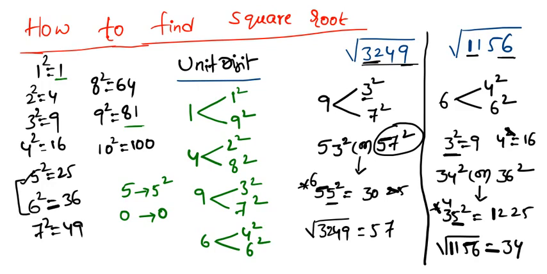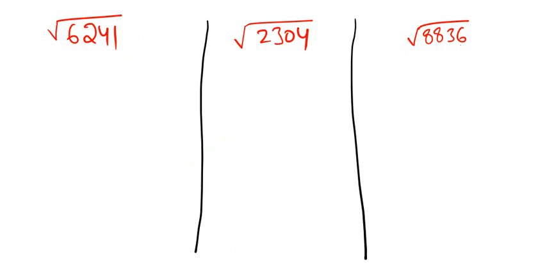We'll see the next problems. More problems. Root of 6241. The unit digit ends with 1, where 1 square is 1 and also 9 square ends with 1. For 62, we get 7 square equal to 49 and 8 square equal to 64.